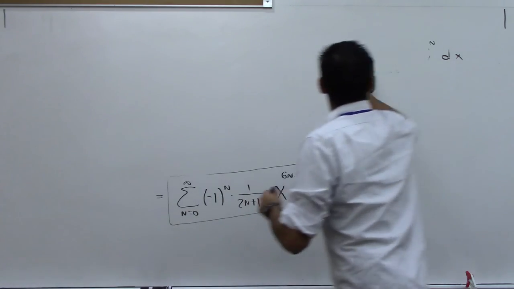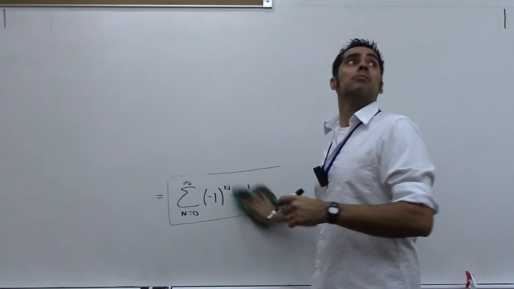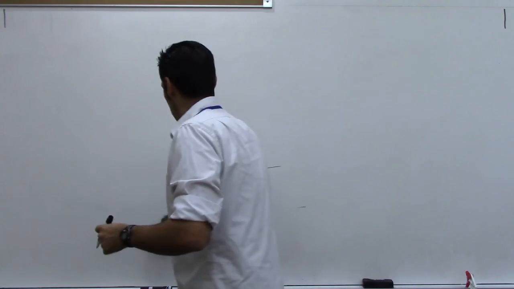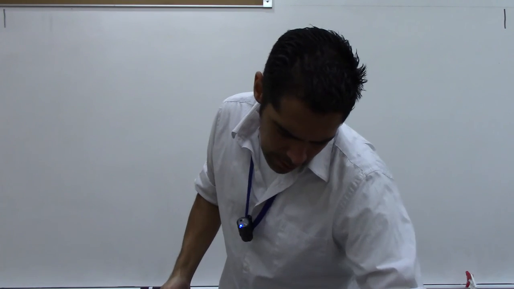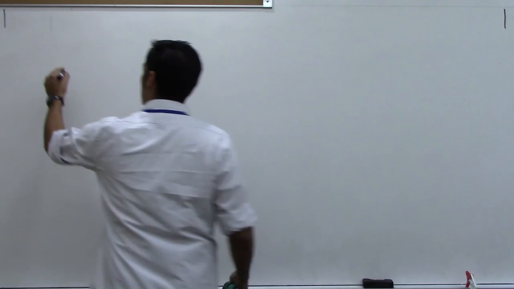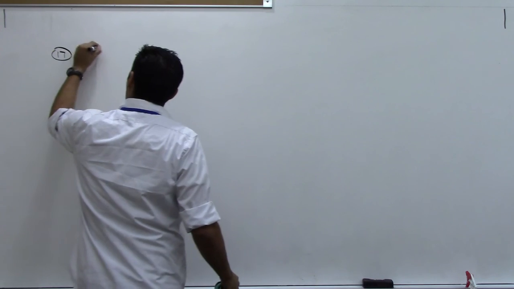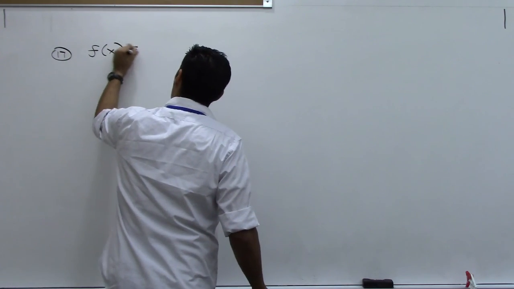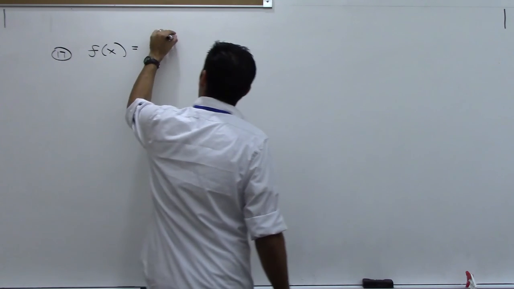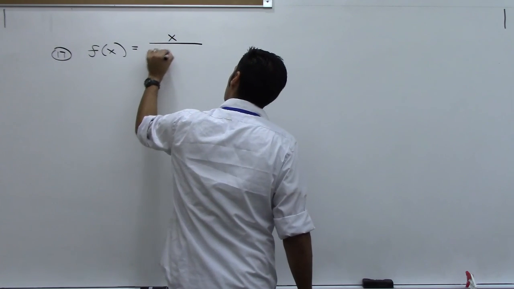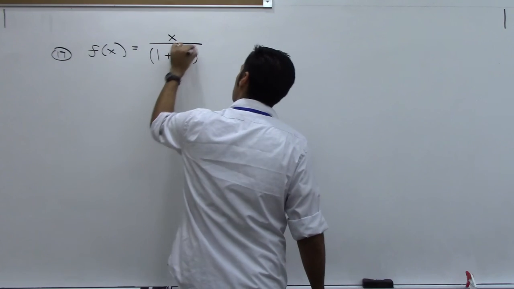Let's look at number 17. F of x is x over 1 plus 4x, that quantity squared.